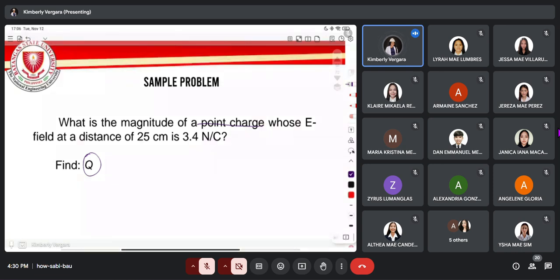So E is equal to F over Q. Pwedeng Q ay maliit, pwedeng Q ay malaki, depende sa inyo. Kasi sa ibang resources, ganun din naman po, may ibang Q na maliit, at meron din namang Q na malaki.